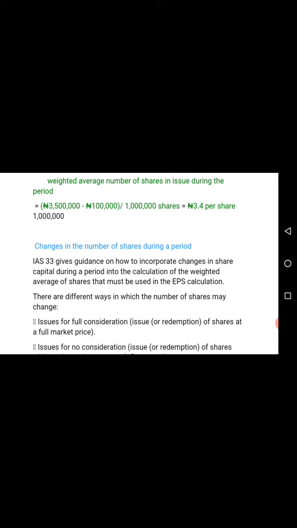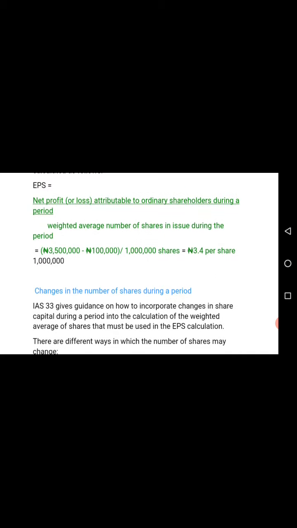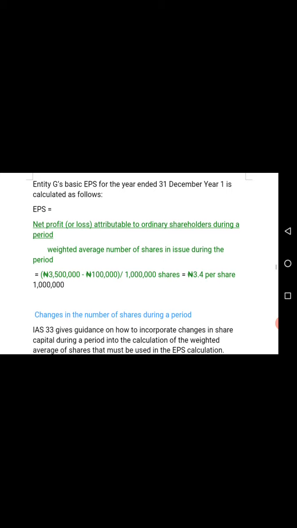Now, the aspect of changes in the number of shares during the period only affects the denominator here, which is the weighted average number of shares in issue during the period. It doesn't affect the net profit or loss attributable to ordinary shareholders, which is the same calculation.